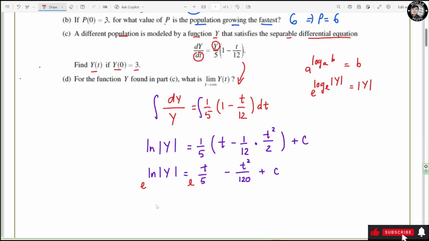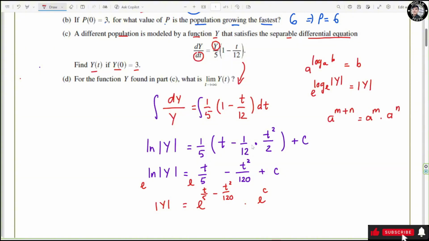So this becomes absolute value of y equals e to the t over 5 minus t squared over 120 times e to the c. Remember, you have the formula a to the power of m plus n is a to the power of m times a to the power of n.